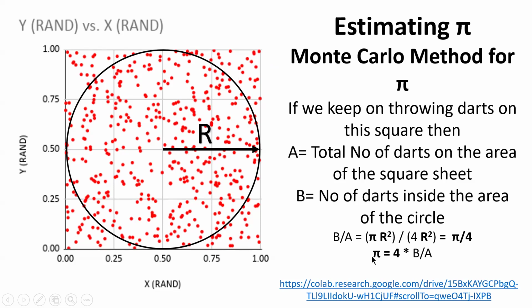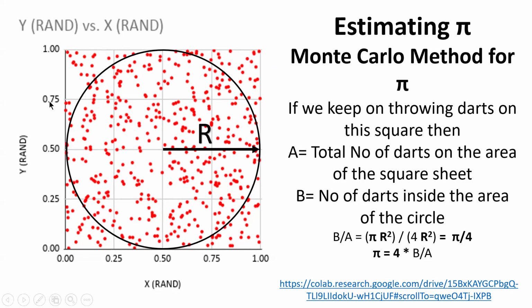Now, how did that formula appear? It's very simple. If I take capital R as the radius of this circle, then the area of the circle will be pi R square. The radius is from the center of the square, so the complete length of the square will be twice R, and the area of the square will be 4R square.